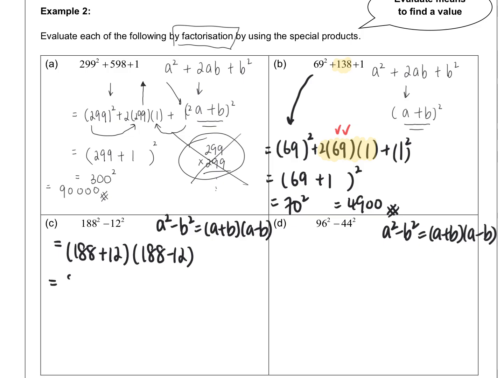So I get 200 and 176. Okay, then you go and calculate. You should get 3, 5, 2 and then 2 zeros. I think so. Can you check?